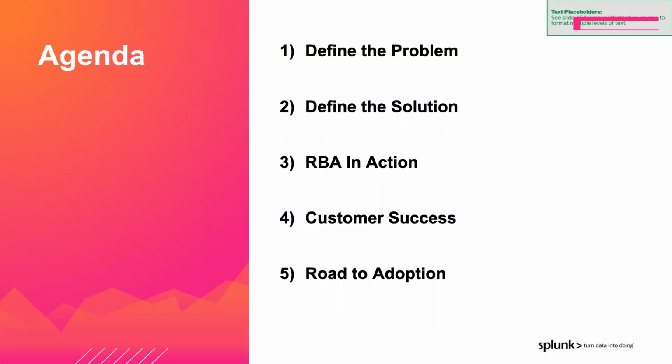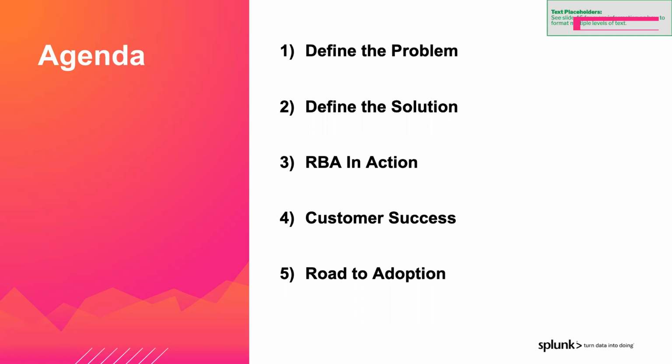I am planning on giving some tips and tricks and things that I experienced along the way on this journey at Children's Mercy, so that maybe you guys can come away from this presentation with a clearer understanding of risk-based alerting, along with a few ideas on where to go from here.